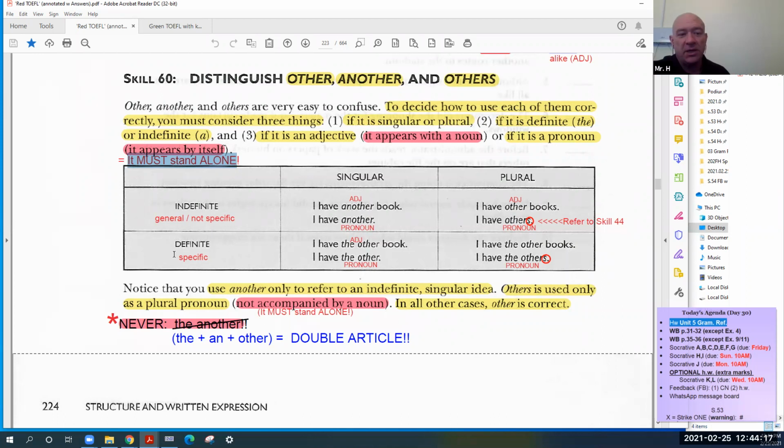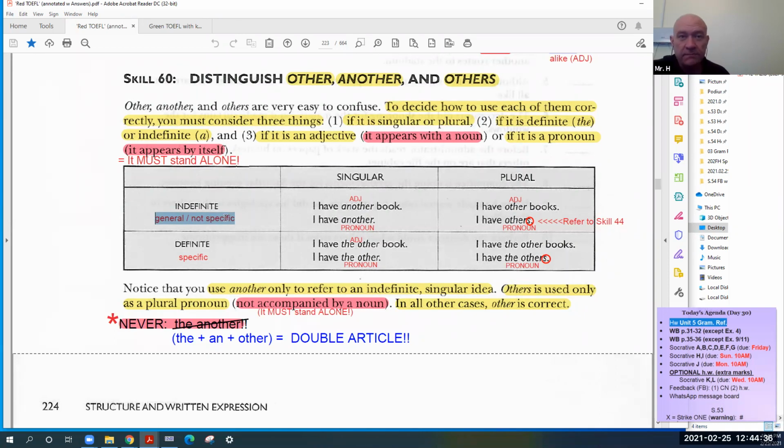All right. Suhaib, you want to start with the indefinite? Indefinite means general, not special, not specific. If something is general, it is not a specific thing.